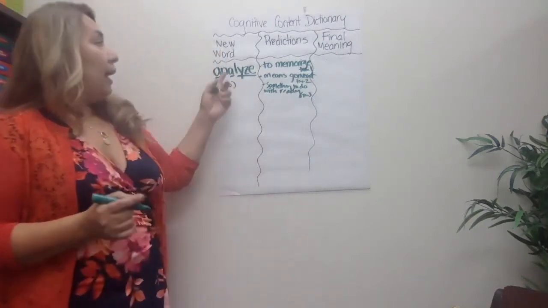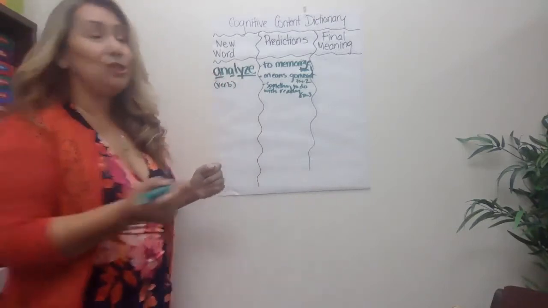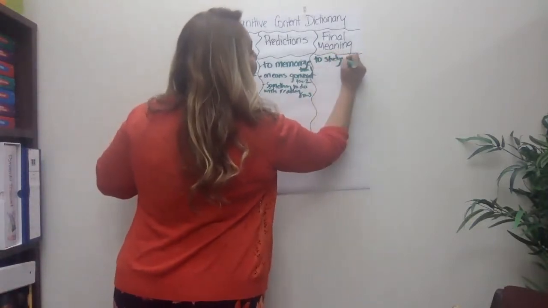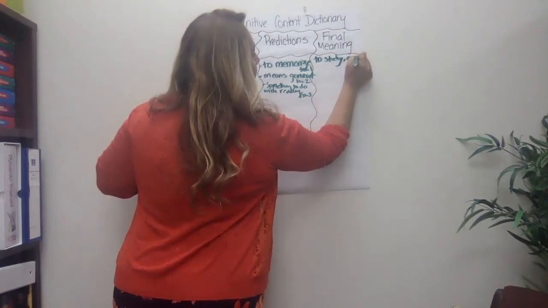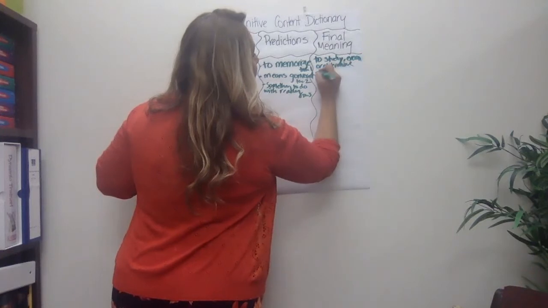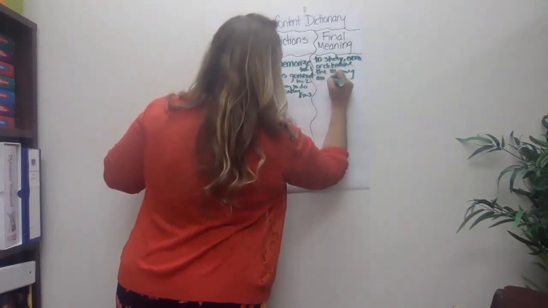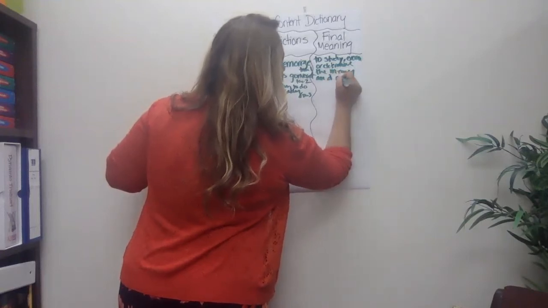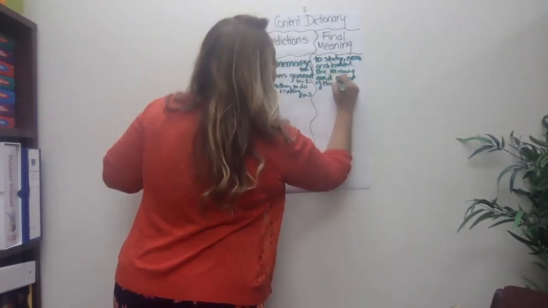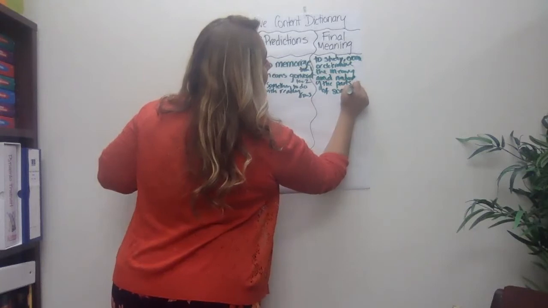So if I ask you to analyze something, the word analyze means to study, to examine, or determine the meaning and nature of the parts of something. That is the final meaning.